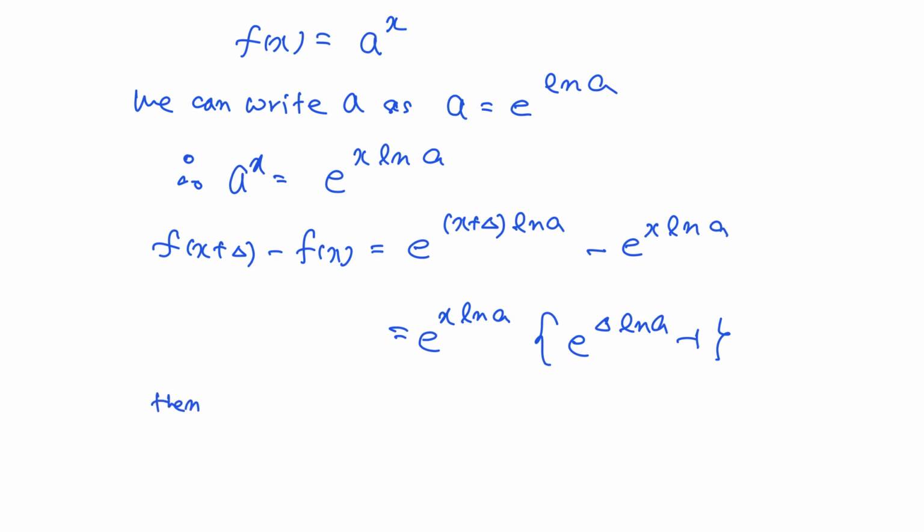Then e is (1 plus delta) to the power of 1 over delta. Or actually, you can also write down e as (1 plus delta ln a) to the power of 1 over (delta ln a).